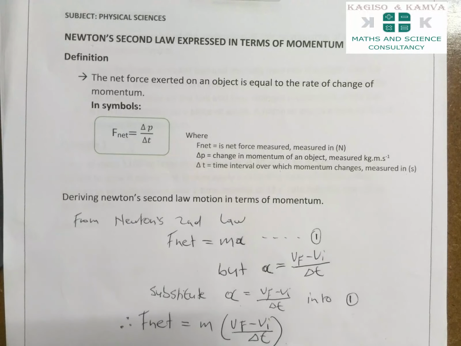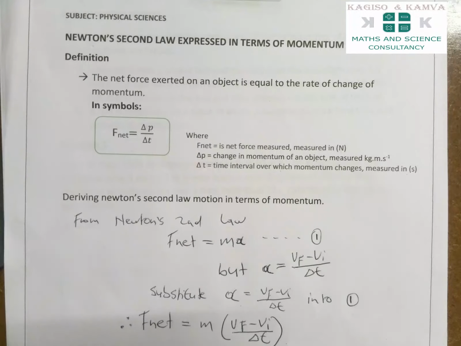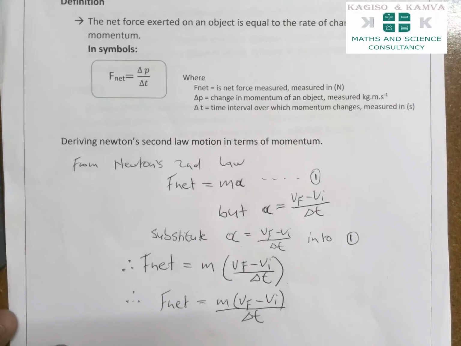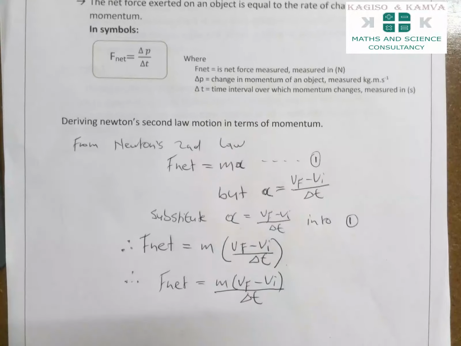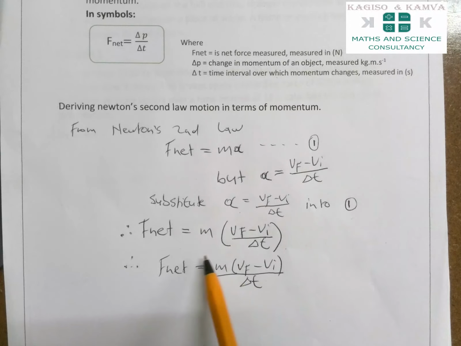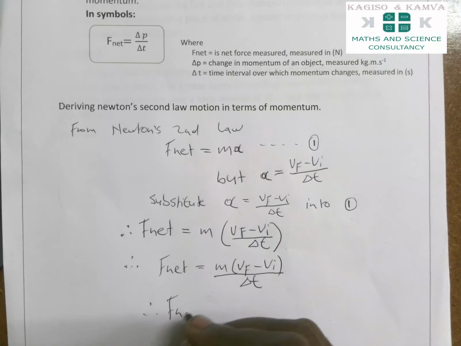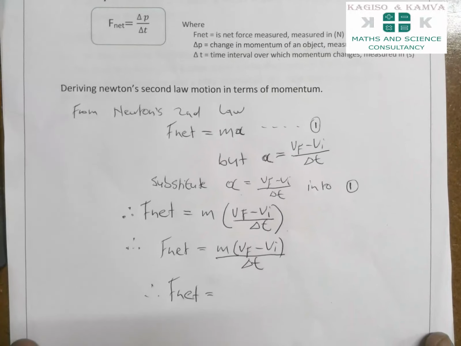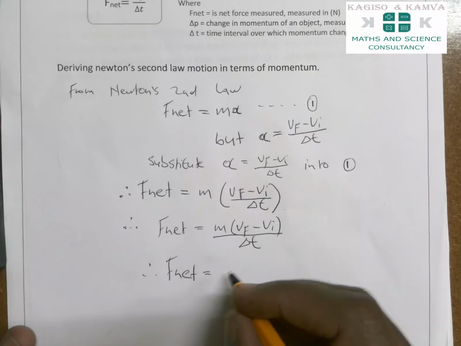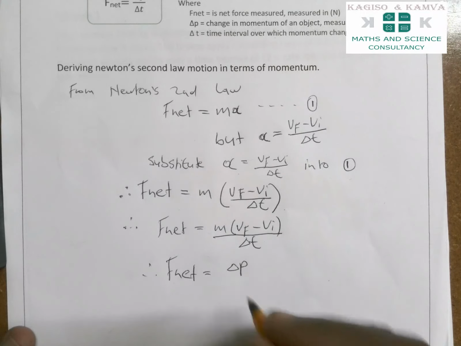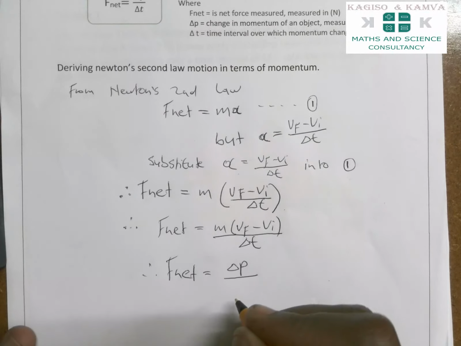Therefore, on top there, we have the change in momentum, so F net is equal to the change in momentum over change in time.